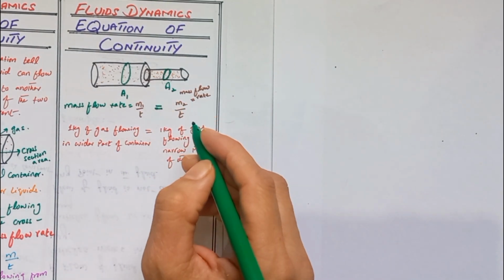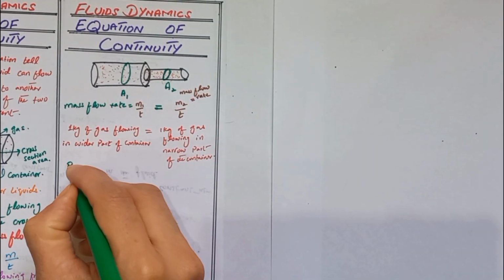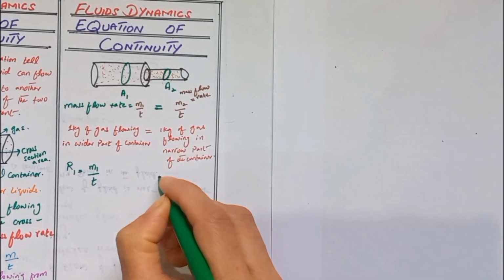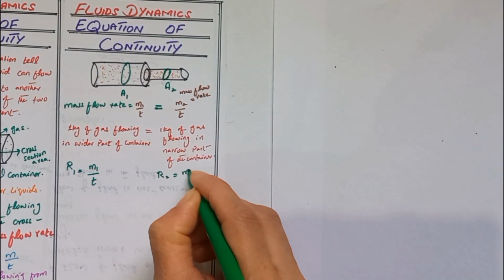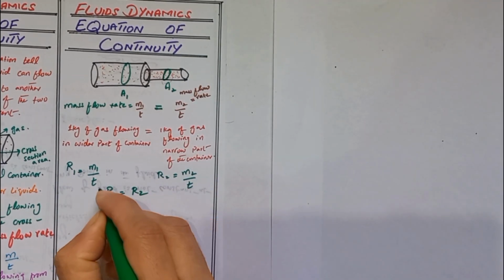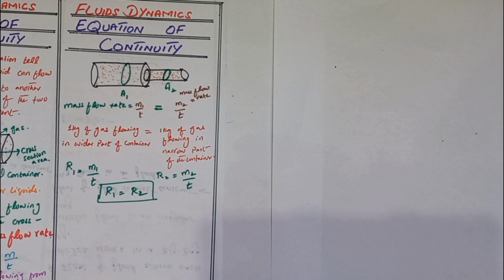Now if we give our mass flow rate a symbol, R1 for the first container, R1 is equal to m1 over t, and for the second container R2 is equal to m2 over t. So we can write R1 is equal to R2.